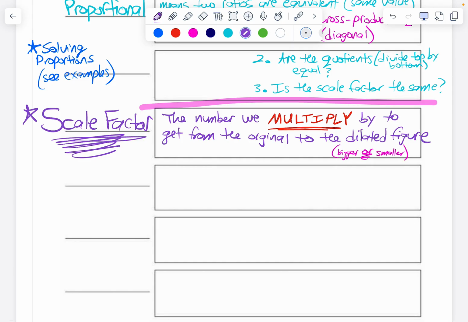So basically what we just wrote can be summarized in this manner. Scale factor, SF, equals, original, sorry, I wrote that wrong. New length over original length.